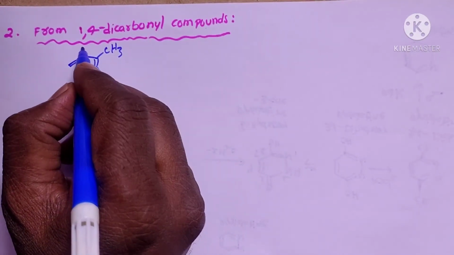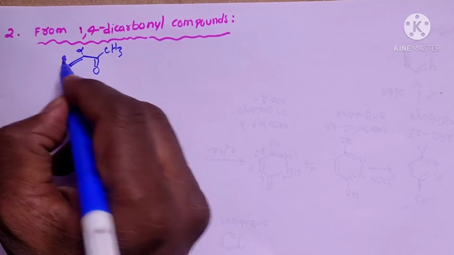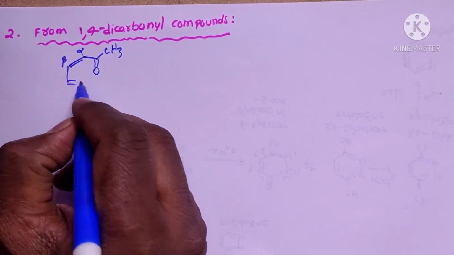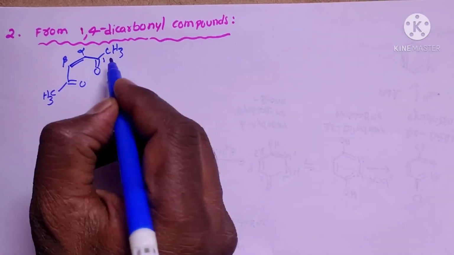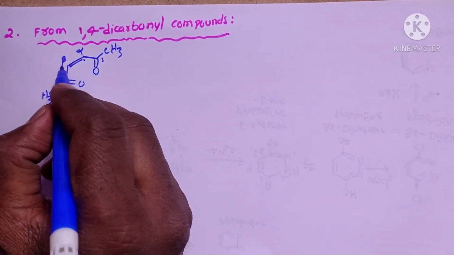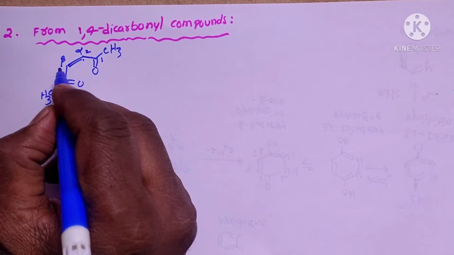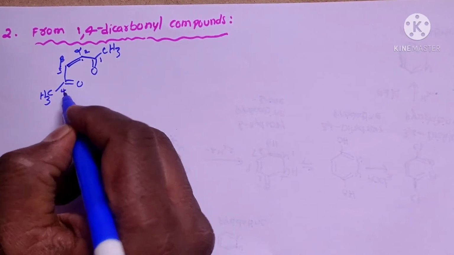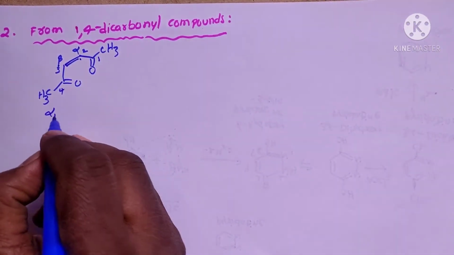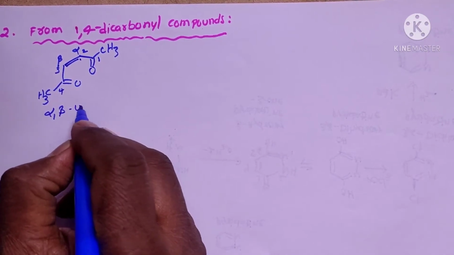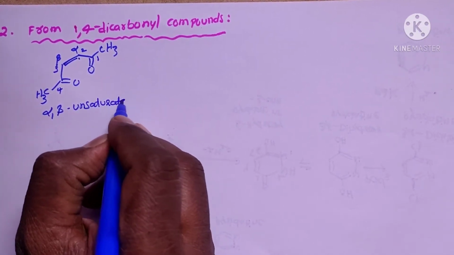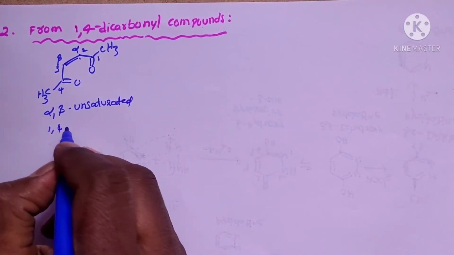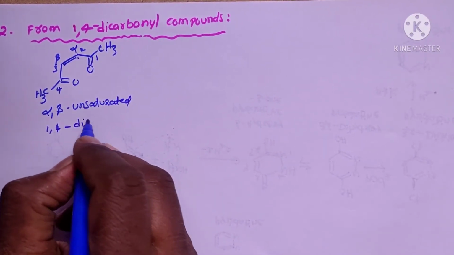So this is alpha and this is beta. First carbon, second carbon, third carbon, and fourth carbon. So this is the alpha-beta unsaturated 1,4-dicarbonyl compound.